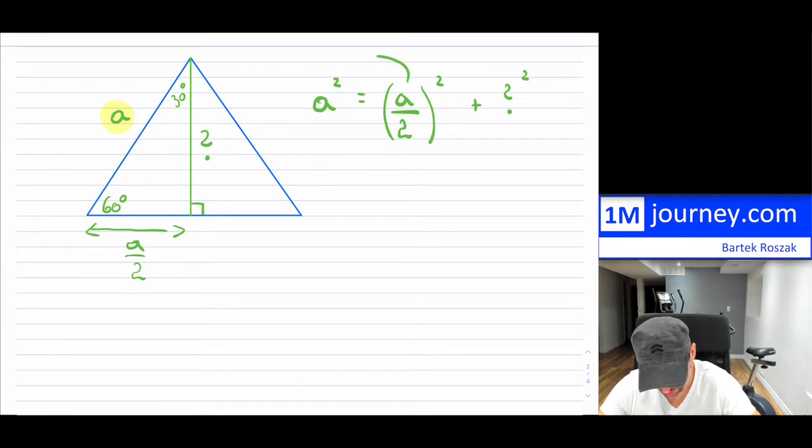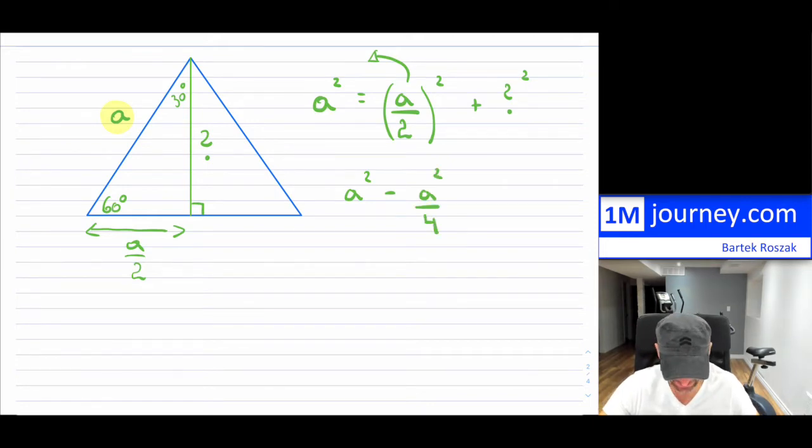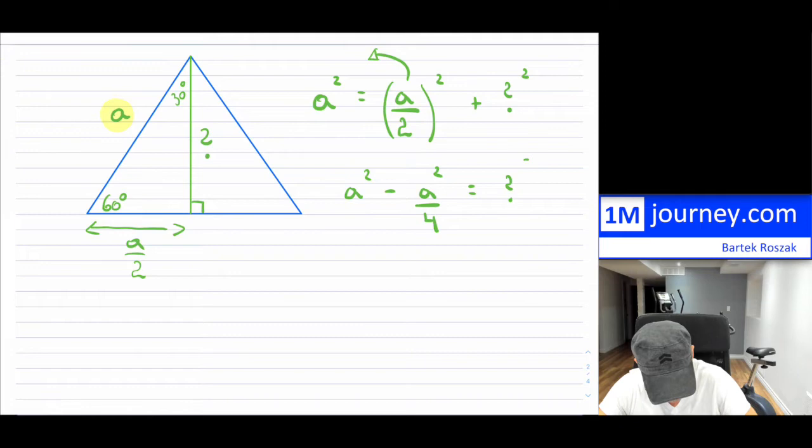So if I bring this over to the other side, I get A squared minus A squared over 4, because if I square that 2 at the bottom, that is equal to this unknown.